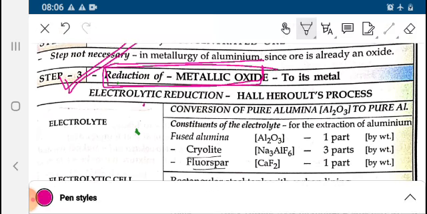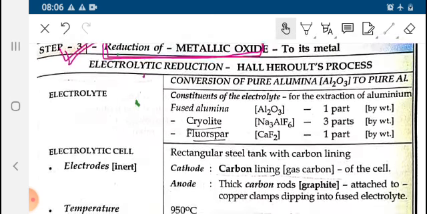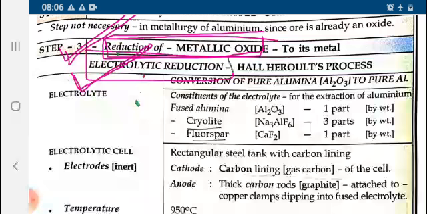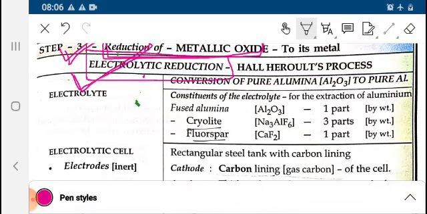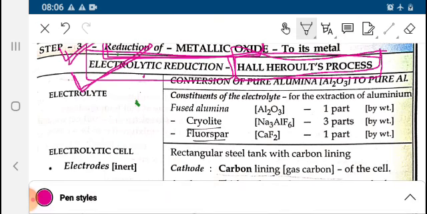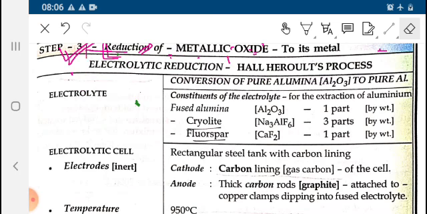Now we will reduce the metallic oxide which we have obtained, and it is done with the help of electrolytic reduction. What do you mean by electrolytic reduction? Reduction taking place with the help of electricity under the electrolysis process, and the name of the process is the Hall-Héroult process. Now let us see what the Hall-Héroult process is.